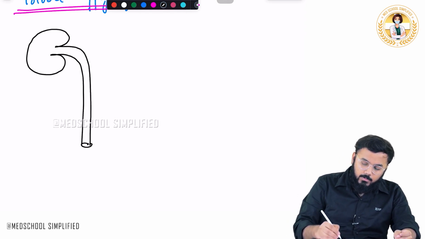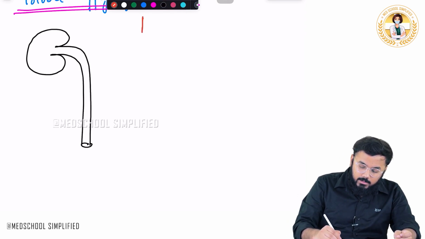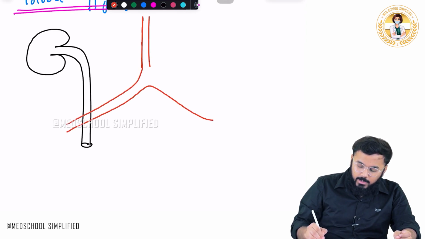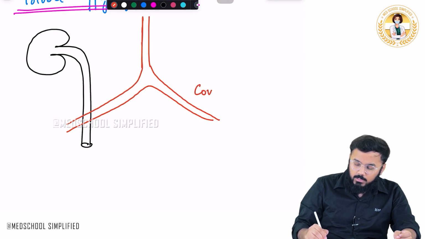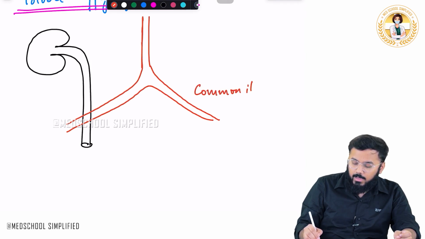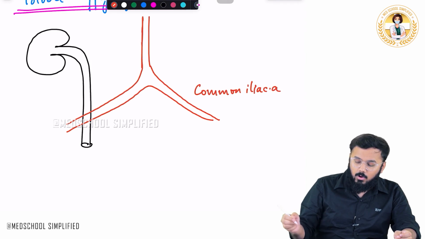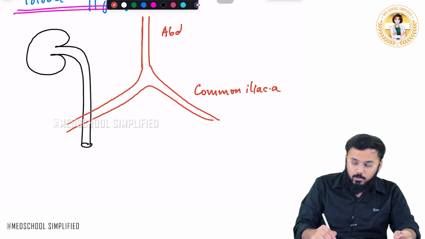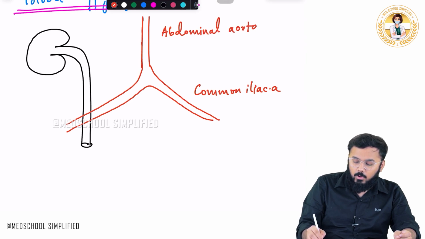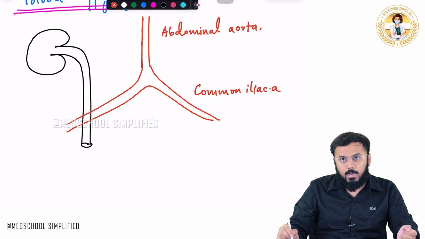Let us also say this is your aorta. Your aorta is divided into two common iliacs, you know that. These are the common iliac arteries, and this is your abdominal aorta dividing into two common iliac arteries.